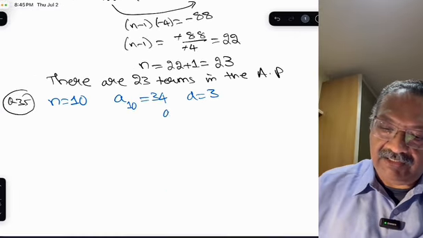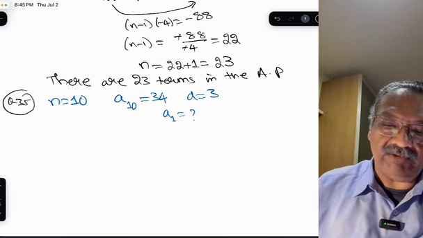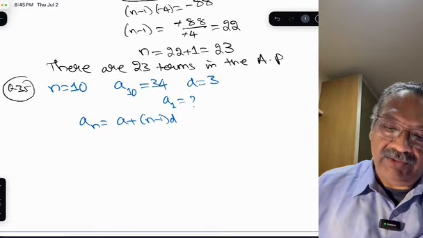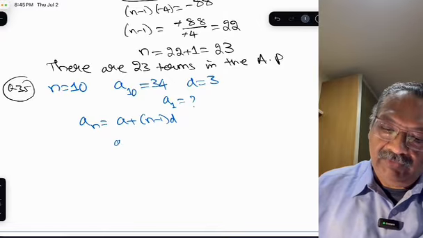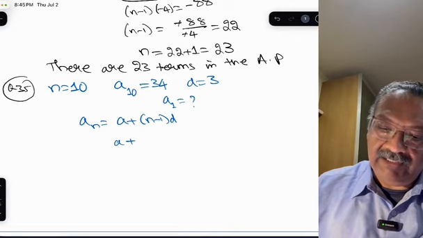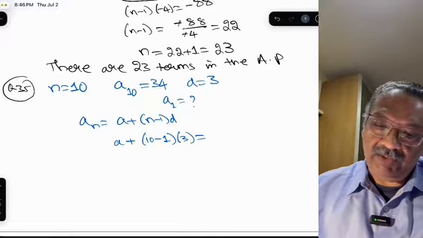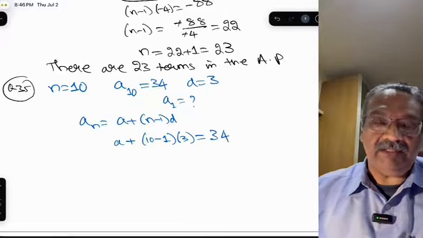Find the first term a1, or a, they have asked. So, what is the formula for an? an is equal to a plus n minus 1 into d. So, what do we know? We do not know a, we have to find that, plus n is 10 minus 1, common difference is 3, is equal to 34, which is the 10th term.